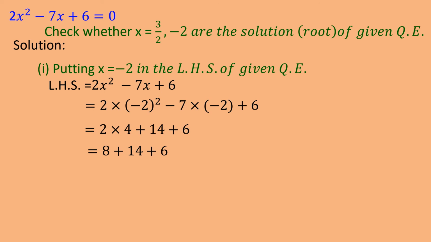When we further simplify, we get 8 plus 14 plus 6, and then the sum is 28, which is not equal to 0, which is not equal to the right hand side.